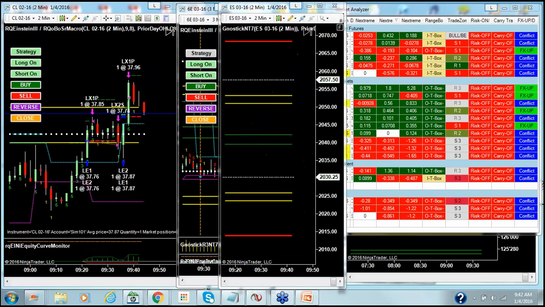So that's the methodology. It looks like we might get taken out at a break even there. If it does take it, that'll be 7 and 9 ticks for crude for the morning.